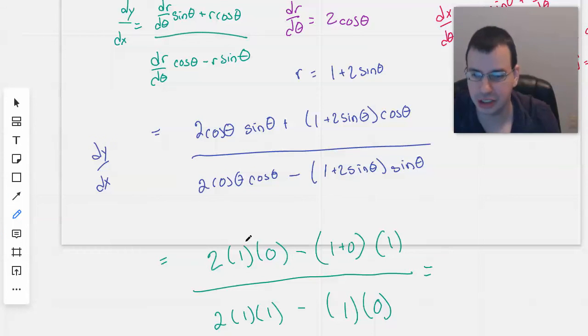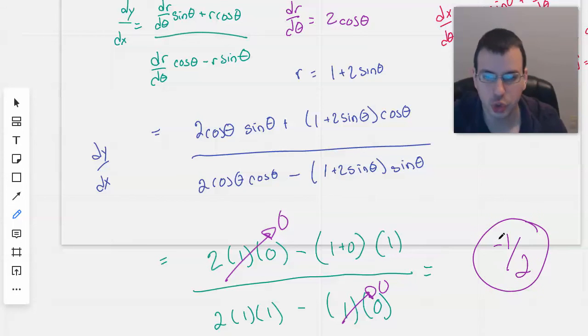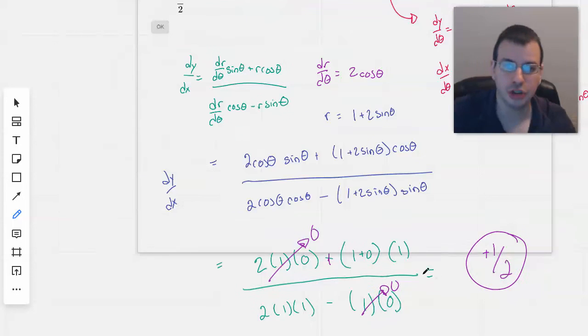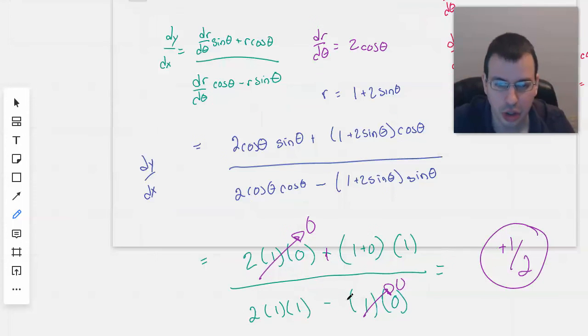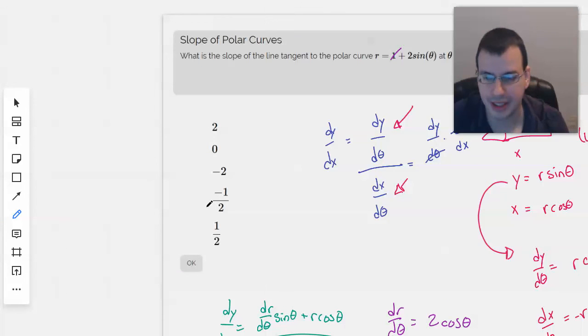Everything cancels out and goes to 0. We're left with negative 1 over 2. No, plus, that's a plus. Plus 1 over 2. So we're left with 1/2. Yep, and that's the answer.